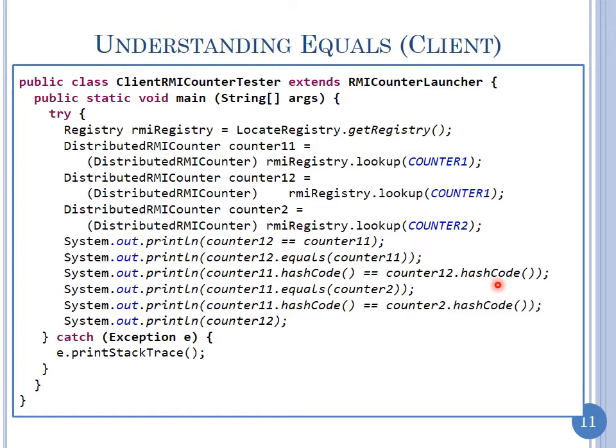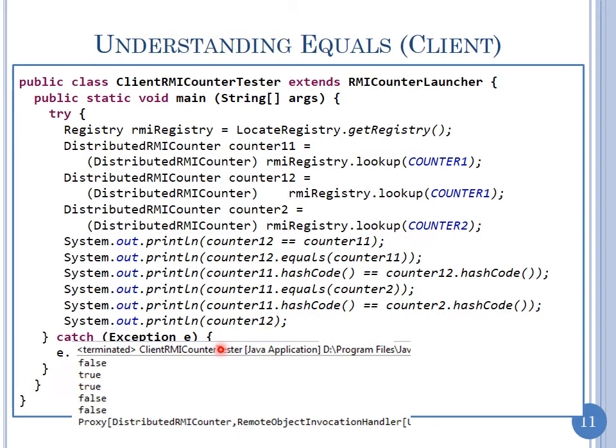Even though underneath the object is the same, the names of these objects are separate. So that will be false. Who knows what's going to happen with hash codes? So let's go and see. Okay, false, true. Indeed, these two guys have the same hash code.